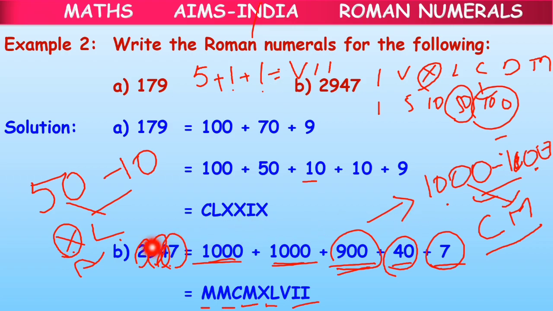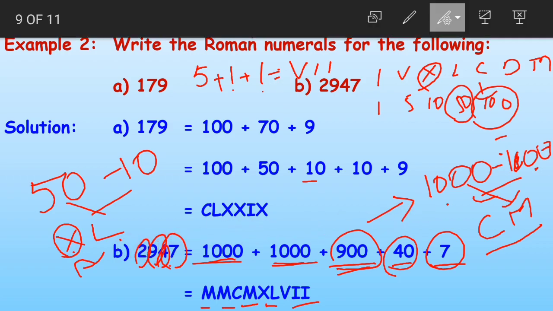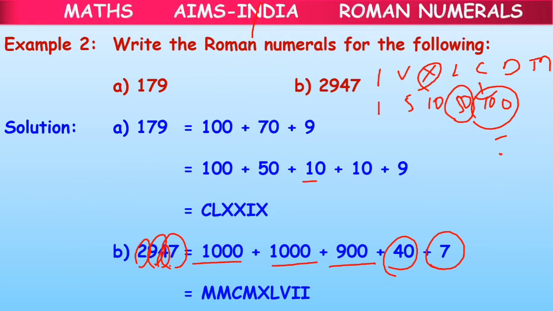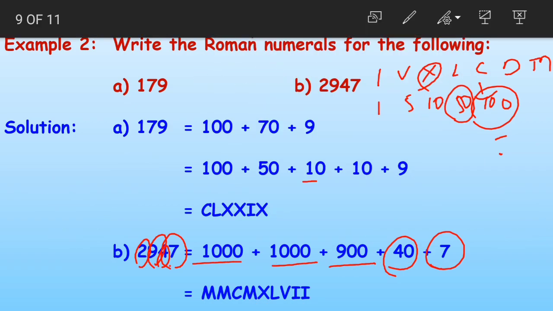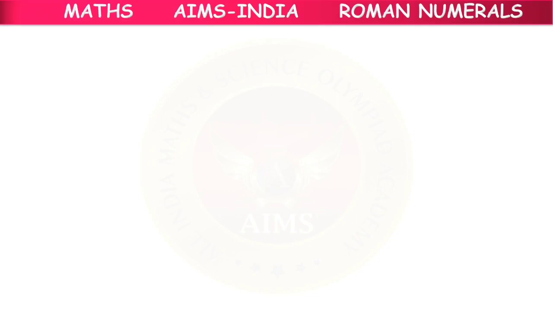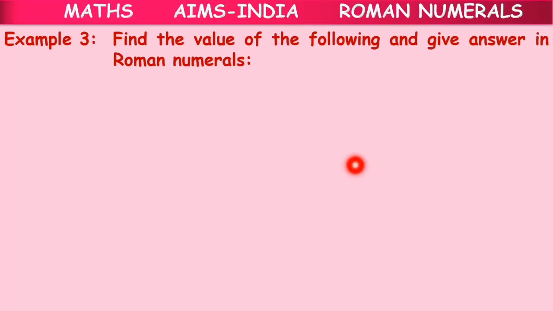So our total number 2947 is written as MMCMXLVII in Roman numerals. Clear, children? Okay, now this question is find the value of the following and give the answer in Roman numerals.